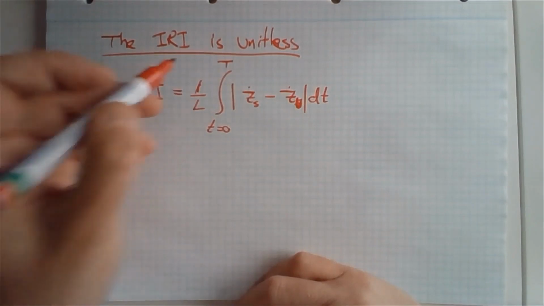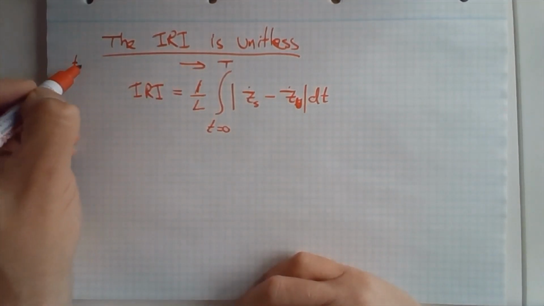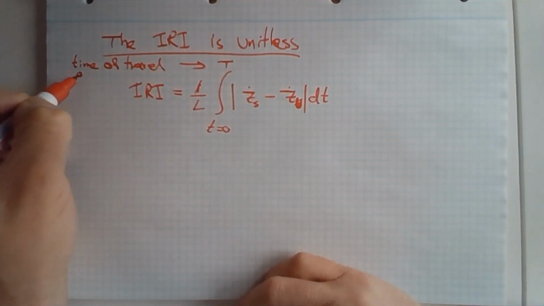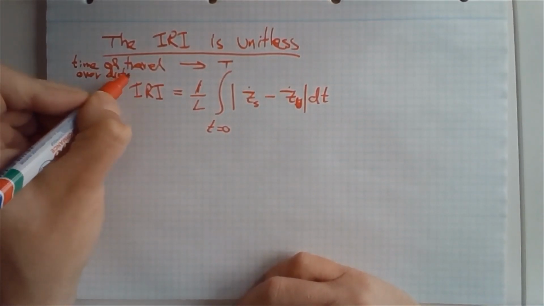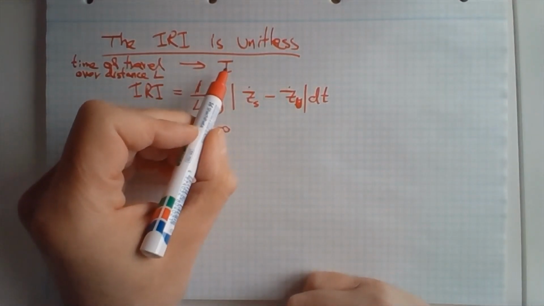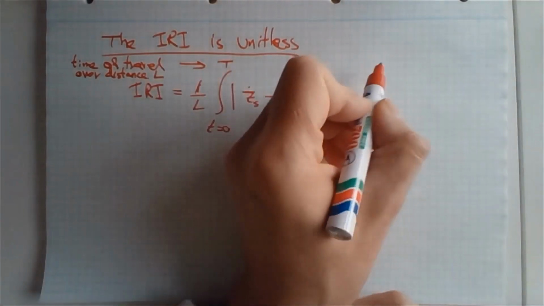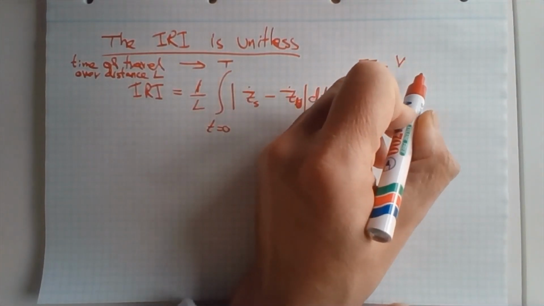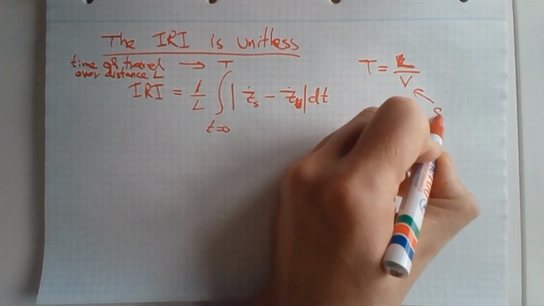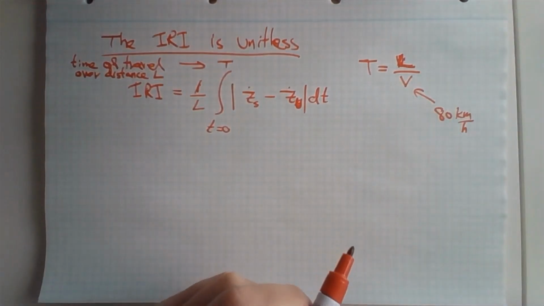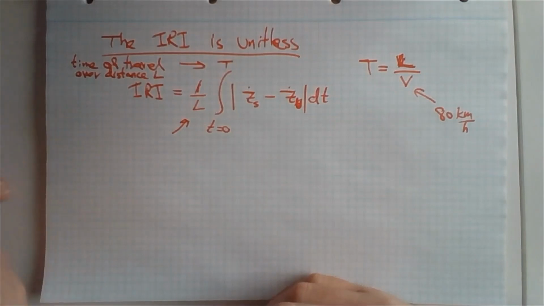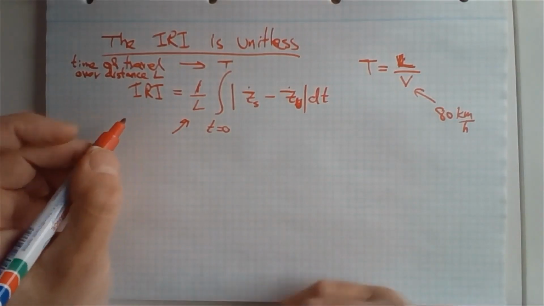And here we have the time of travel over distance L. This is the time required to cover the distance L, and it is equal to the length L divided by the speed, where the speed is always, for the IRI model, 80 kilometers per hour. And L is the length over which the IRI is evaluated.